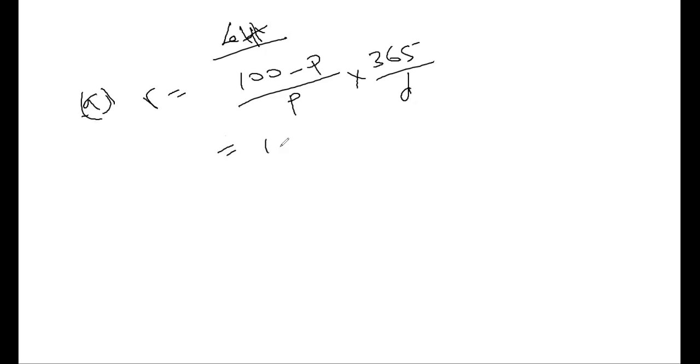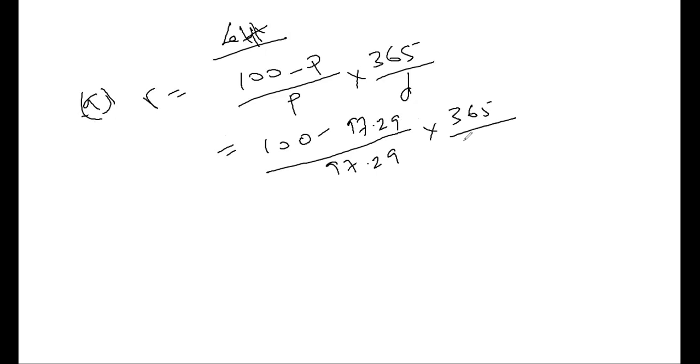So that would become 100 minus 97.29 over 97.29 multiplied by 365 over the number of days that we will be holding the security, which would be 120.